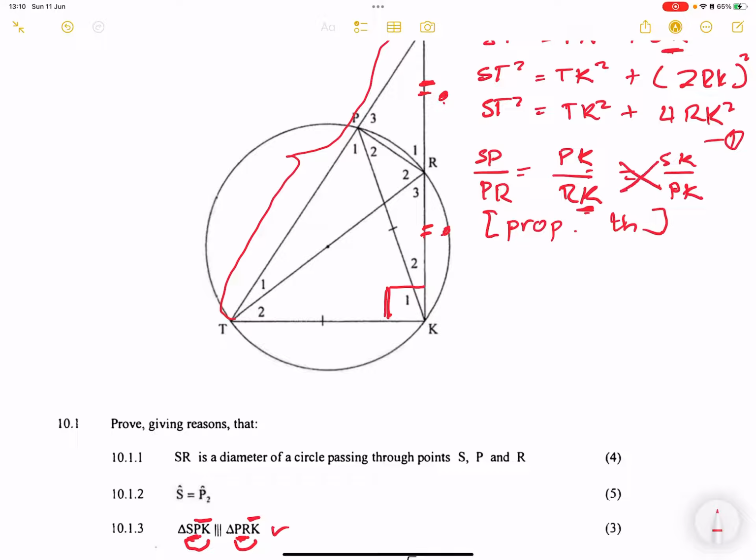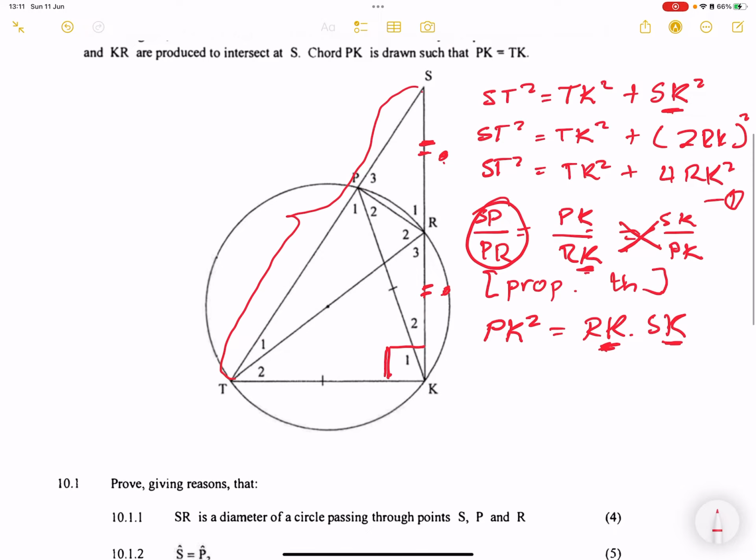So I'm going to cross multiply these. PK times PK is PK squared, which is equal to RK times SK. Please be aware here: we've got RK, which is what we want, but what is SK? SK is this entire side, and we said we can express this side as 2 times RK.